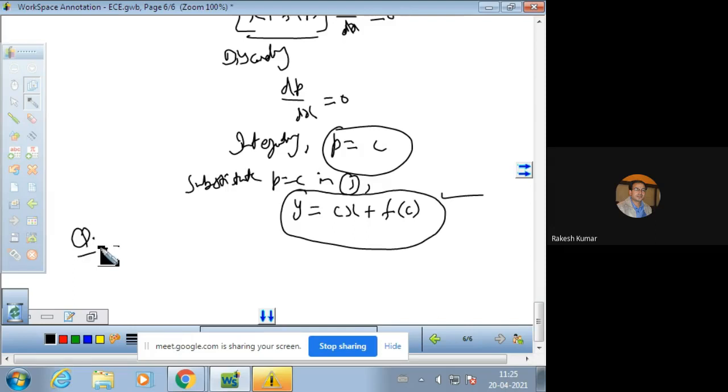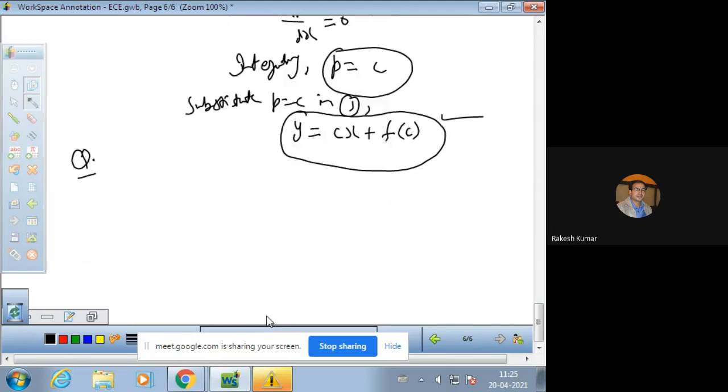Now we can take a question. Solve p is equal to log of px minus y.